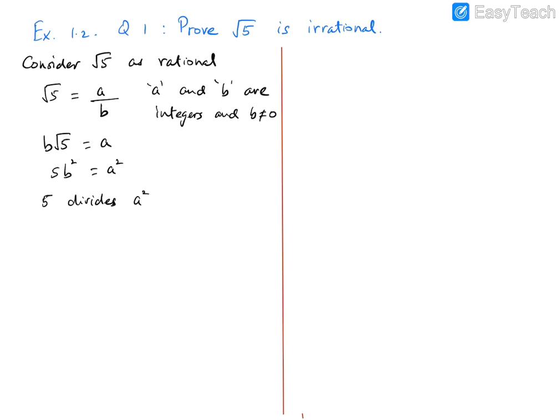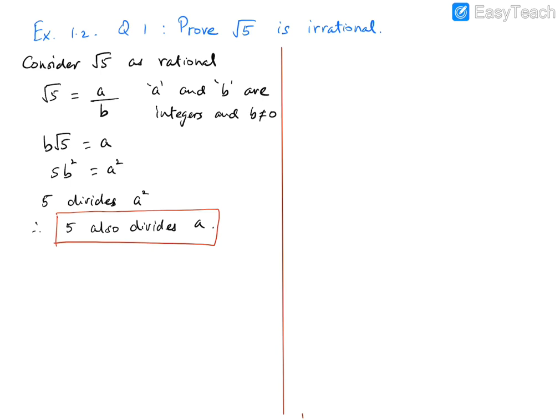If 5 divides a square, from theorem 1.2, we can say that therefore 5 also divides a. That's our first condition. So we are getting the information that 5 is dividing a, that means a is divisible by 5.